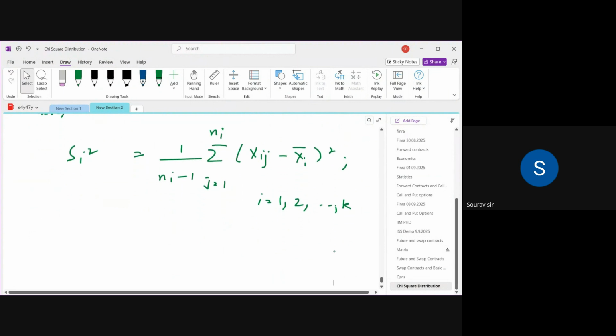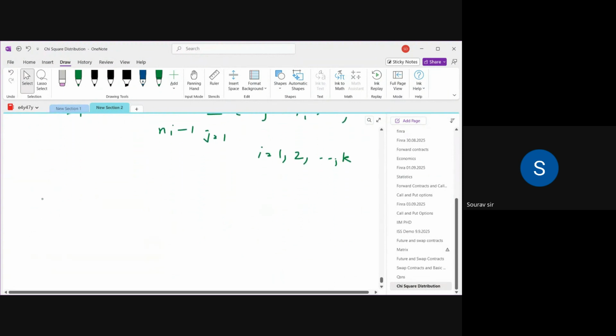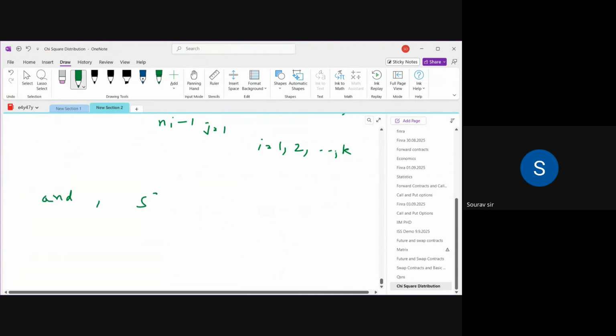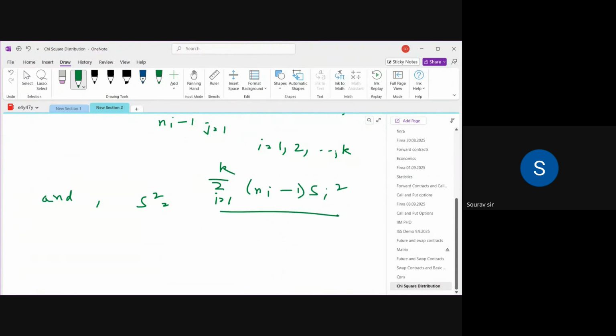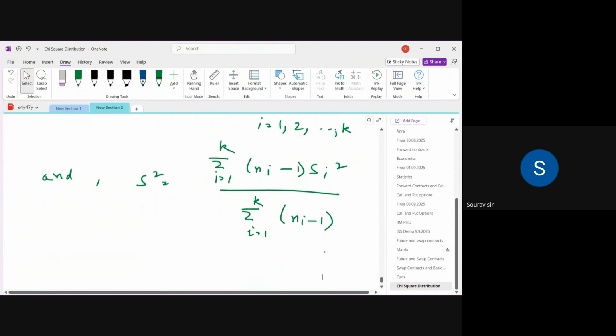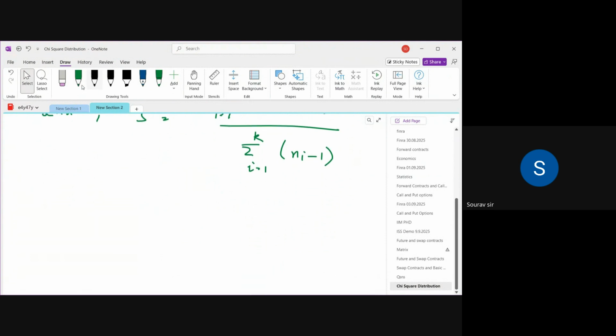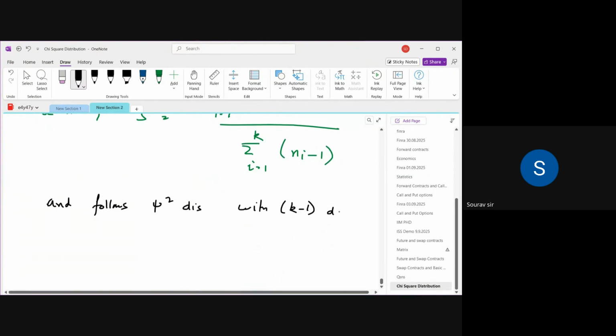And S square is summation of i from 1 to k of (ni minus 1) Si square by summation of i from 1 to k of (ni minus 1). It follows a chi-square distribution with k minus 1 degrees of freedom.